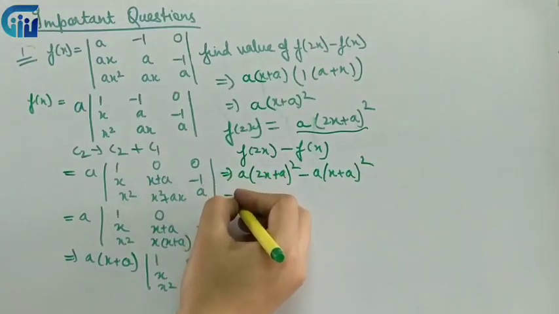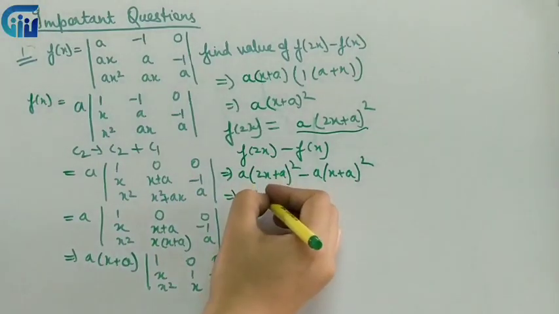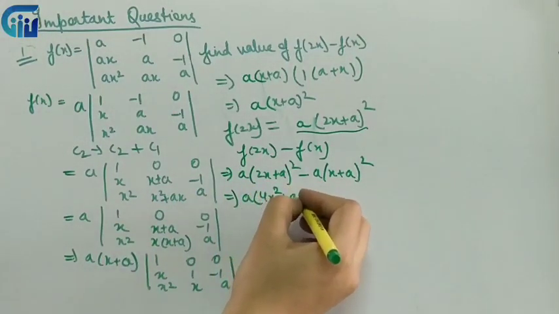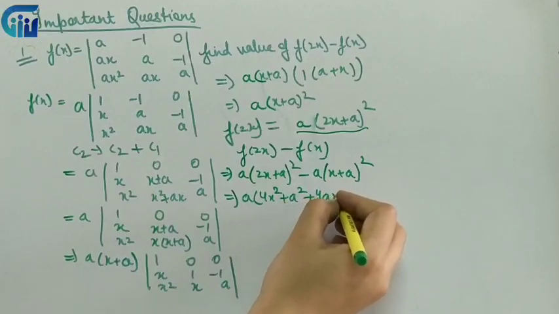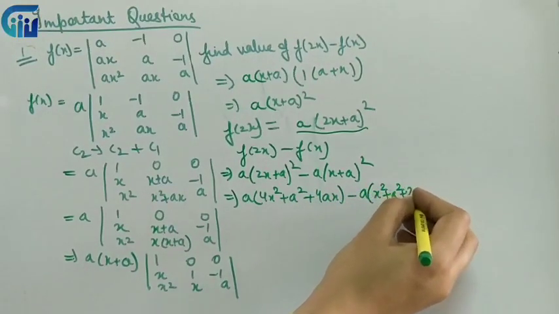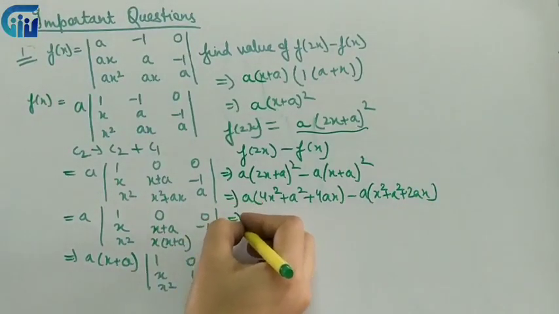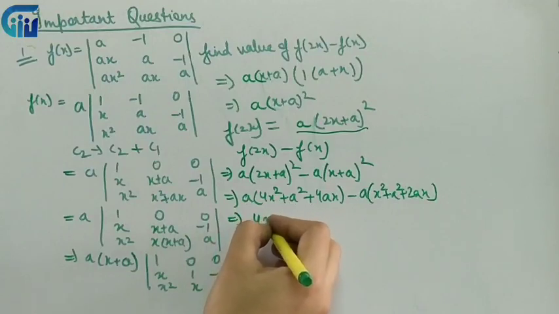Now what I can do is, yes, you are right, we can open up the whole square. So this is a(4x square plus a square plus 4ax) minus a(x square plus a square plus 2ax), applying the formula (a plus b) whole square. Now let's multiply and open up the bracket.